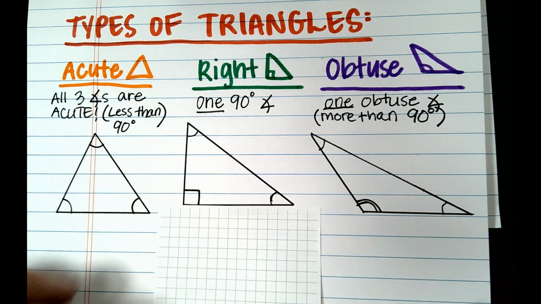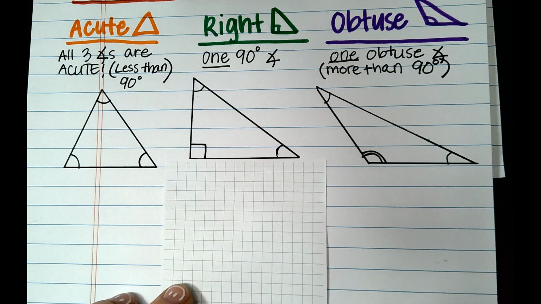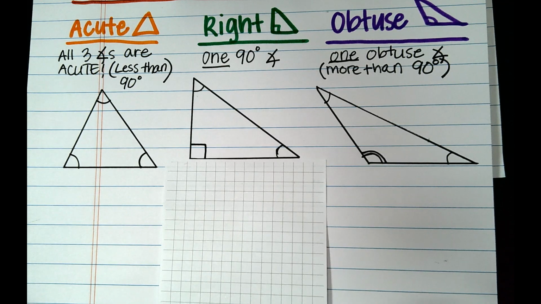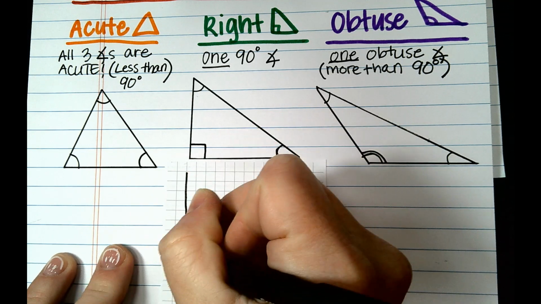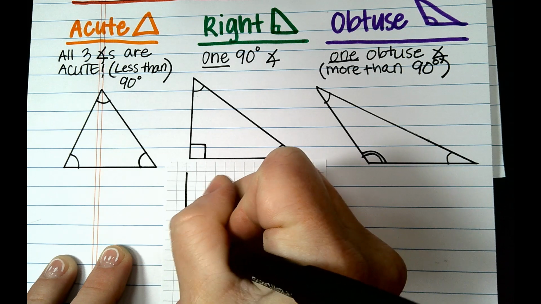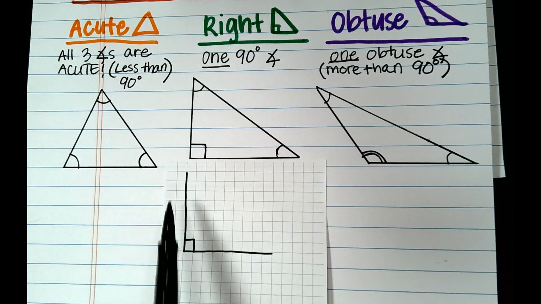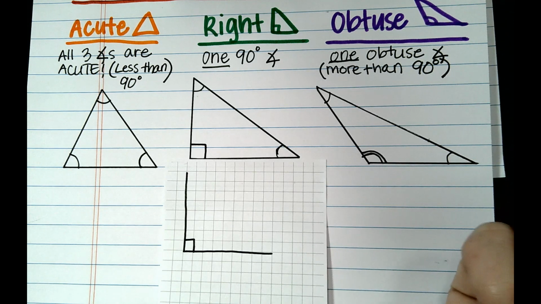And seeing it visually is helpful. So I'm going to show you, starting with the right angle, why you can only have one right angle. If I were to start with one right angle, okay, so I have two sides, and a triangle has three sides.